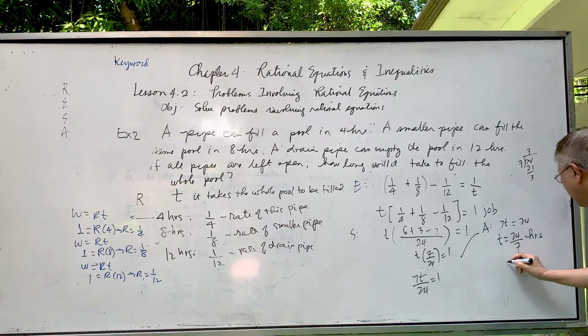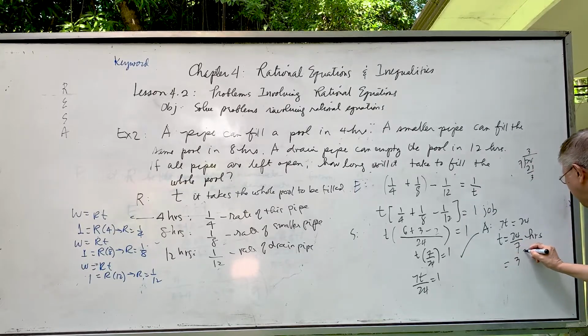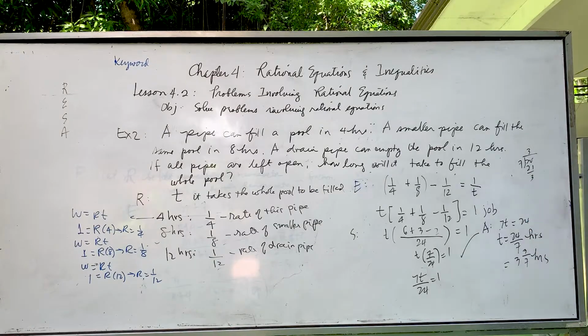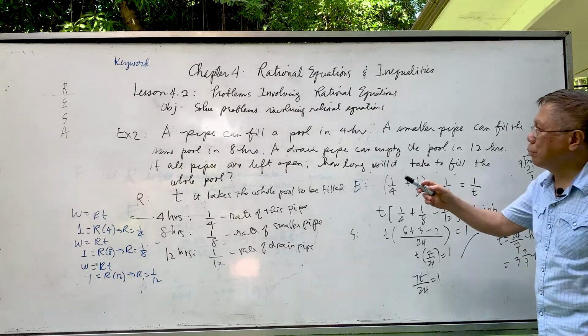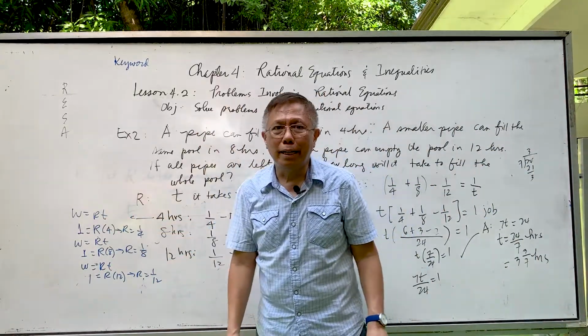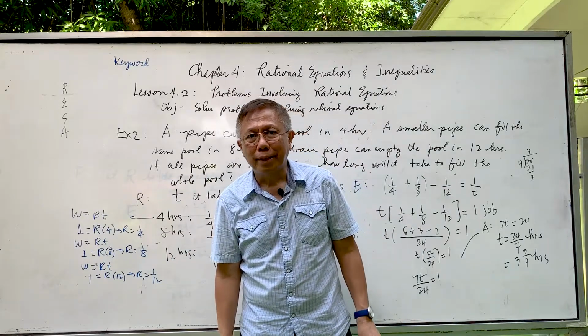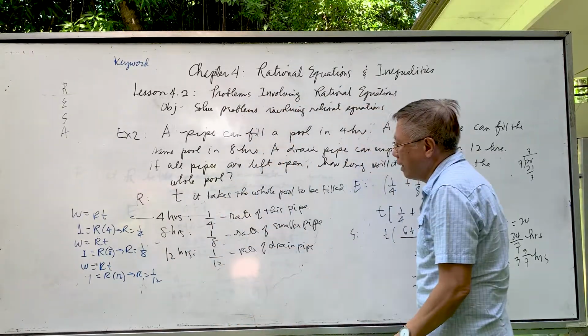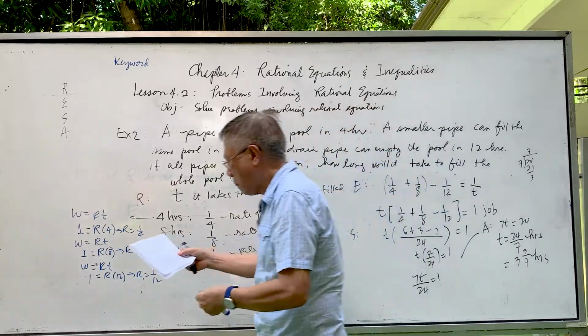That will be equivalent to 3 and 3/7 hours. So, that's how you do a work problem. You will always have to deal with this equation. Work equals rate times time. So, that's the second problem.